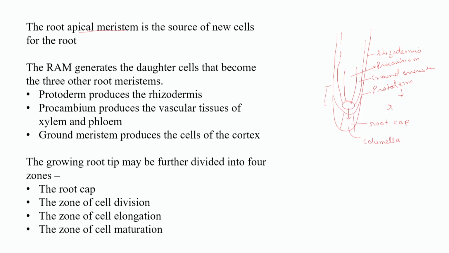You will have the zone of division, okay, which will contain the growing region, which will contain the apical meristem, okay, and then this will be the root cap zone.